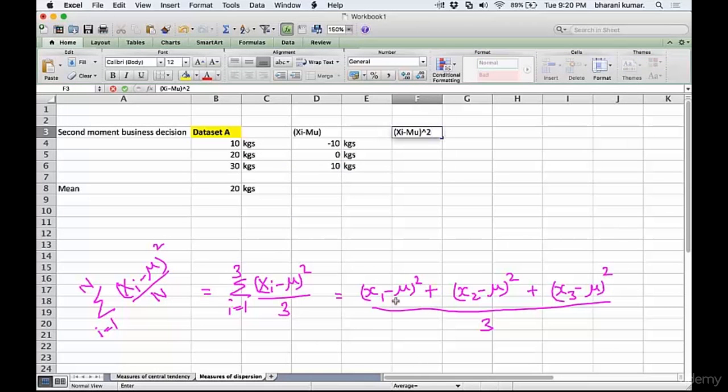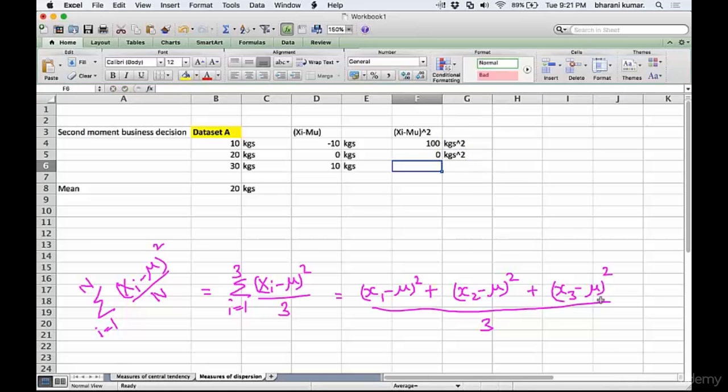So it's x1 minus mu whole square. x1 minus mu is minus 10. Minus 10 whole square, it will become positive. So it's 100 kgs square. Units also get squared. And then x2 minus mu whole square, which is 0 square, which is 0. Units get squared to kg square.